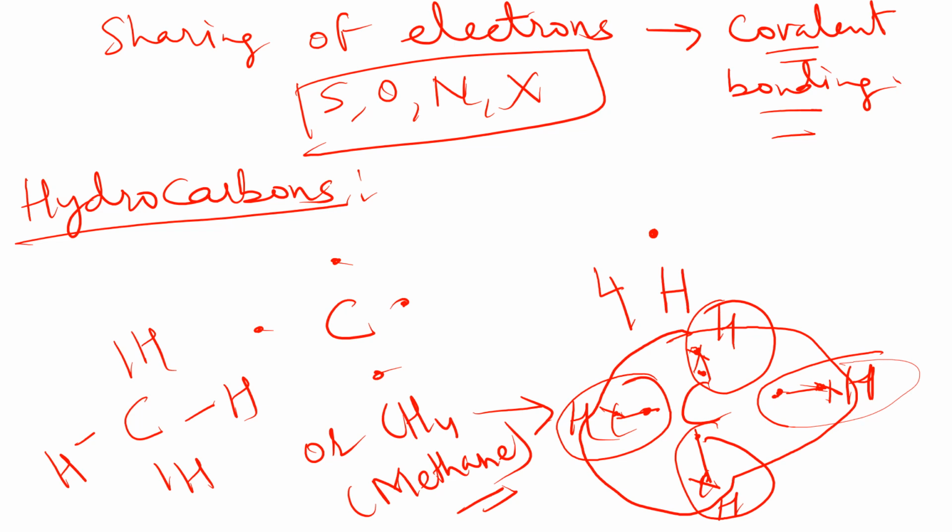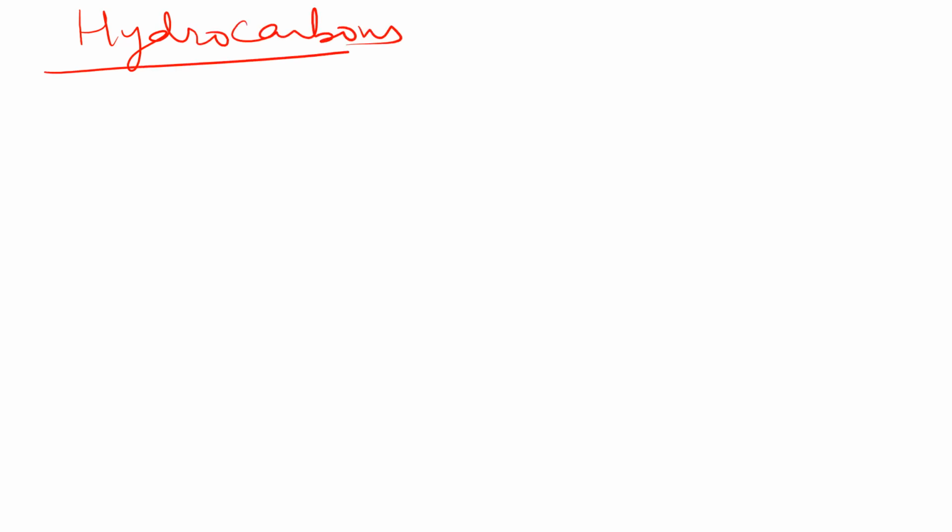There are many hydrocarbons. The simplest one I have already told you, that is methane. There are certain rules which we need to follow to know the different types of hydrocarbons.